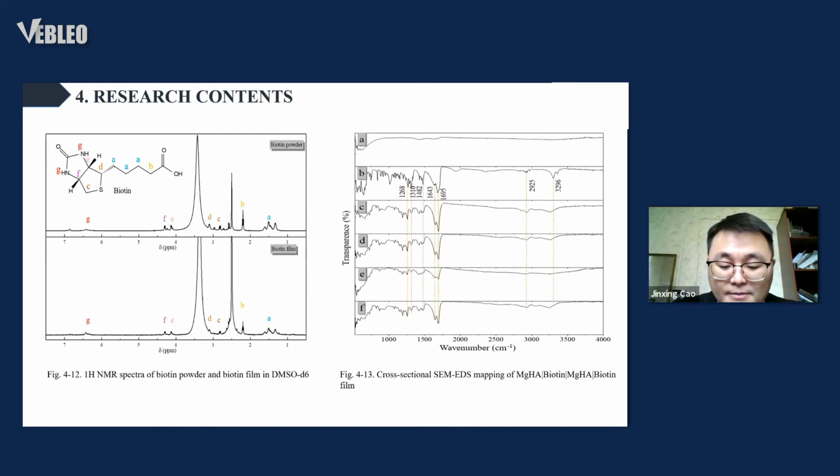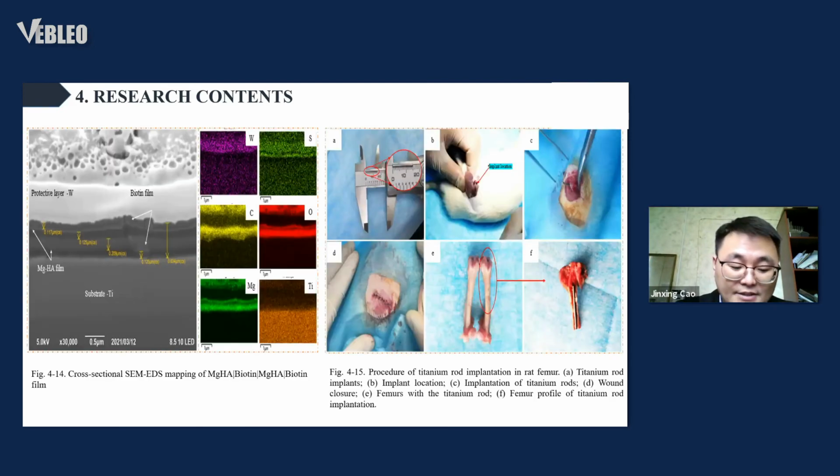This also demonstrated that the PLD and LEBD combined technology can realize the preparation of multi-layer composite films and retain the characteristic functional groups in biotin. As shown in Figure 4-14, the composite film has a 4-layer structure.